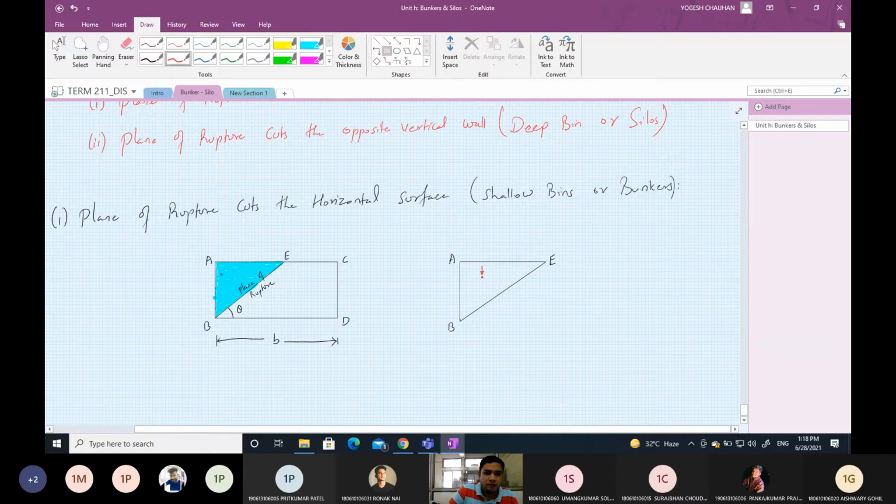So whatever the material within this wedge, let the weight of this material be W. Let the horizontal reaction offered by the walls be pH, and the friction due to this between the walls and the material be mu dash pH, and let R be the reaction, and mu R be the friction between the granulars of the material.